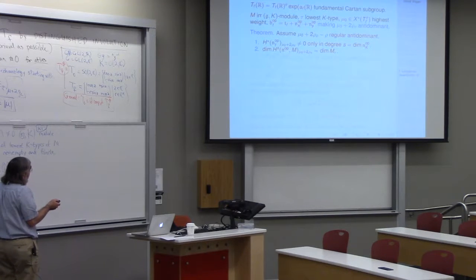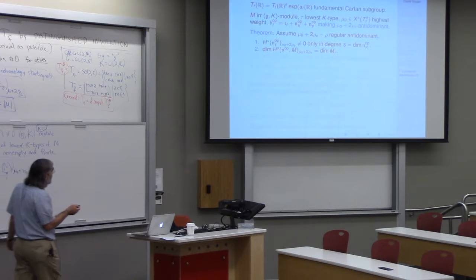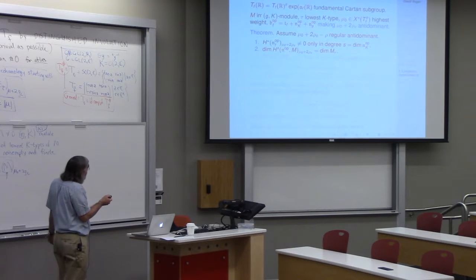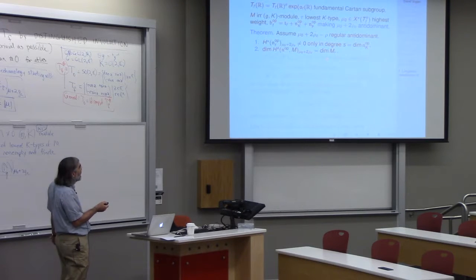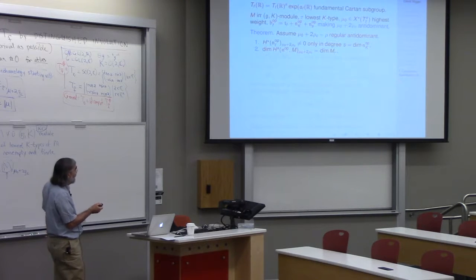And in that unique degree where it's allowed to occur, the number of times that weight occurs is the number of times that the representation tau appears in M.